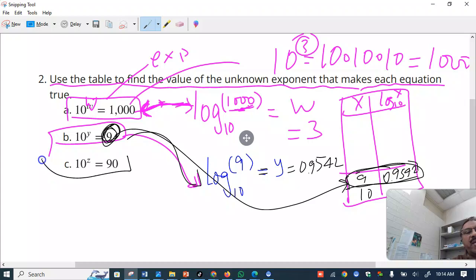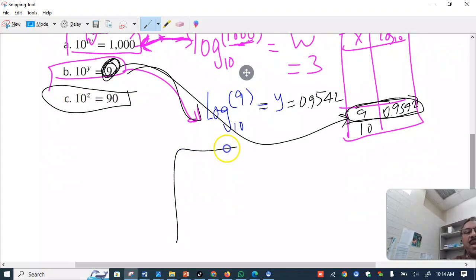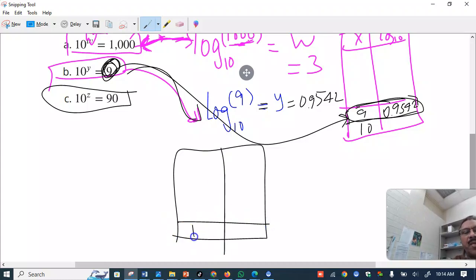Now, the next one, you will see there is the second table. You will see 90. So if this is 1000, there is 90 in the second table, and 90 takes the answer to 1.9542.